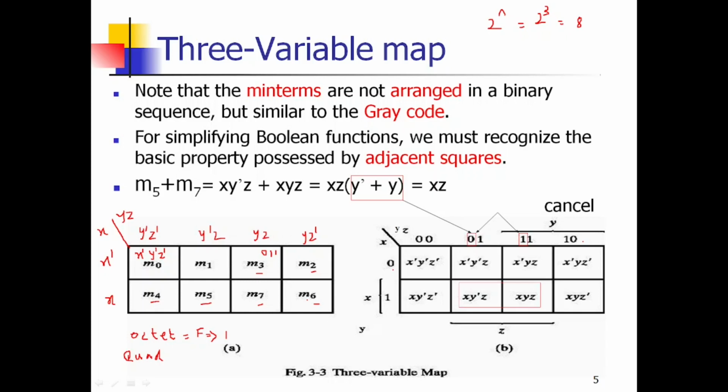Okay, and if we have a quad possibility here, what will be the term we are going to get? Consider the first row as a quad. The product term we are going to obtain is x dash. So how does it occur?